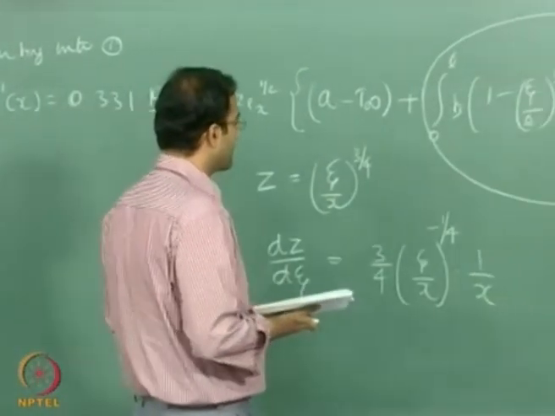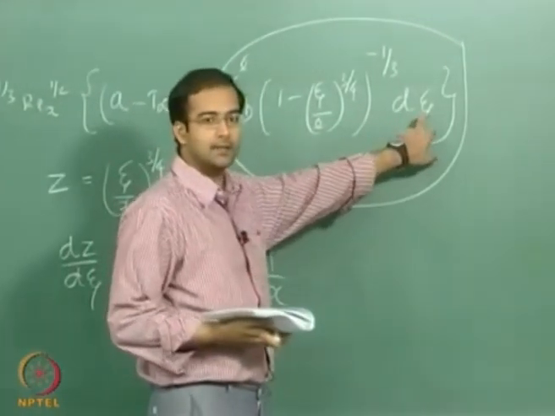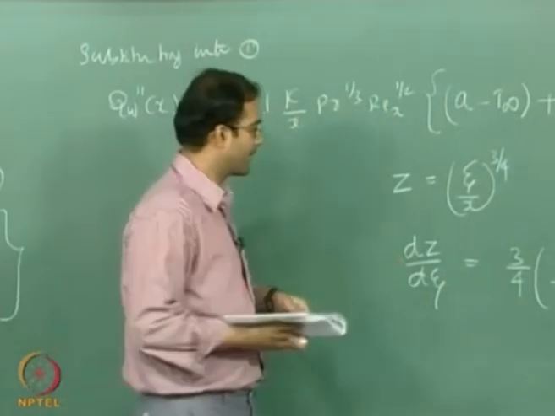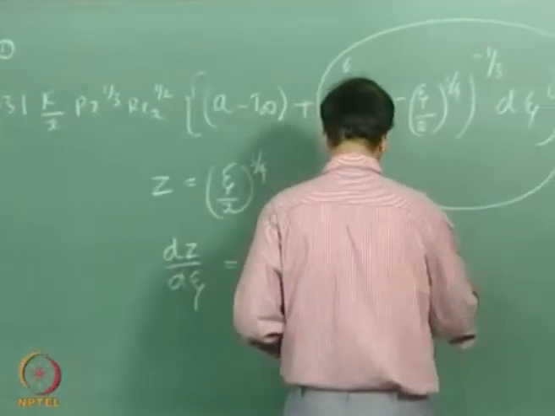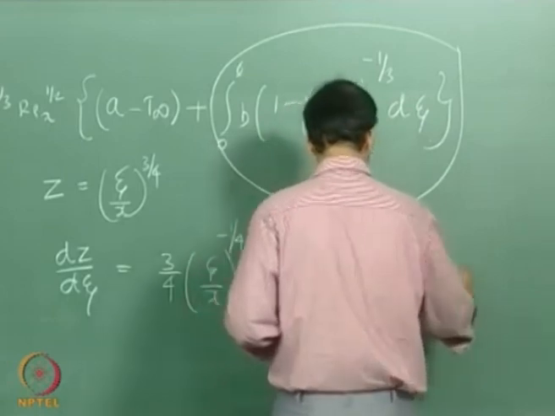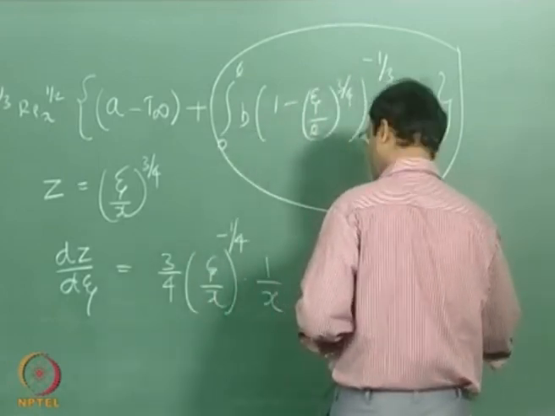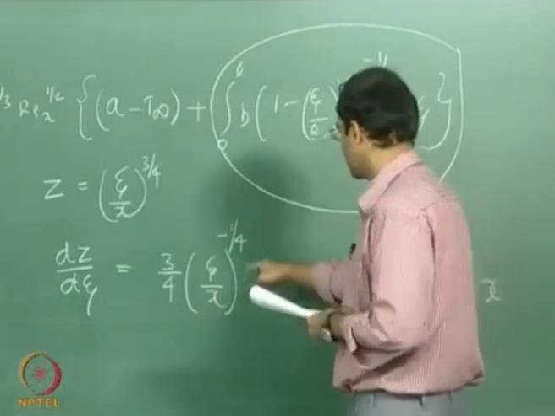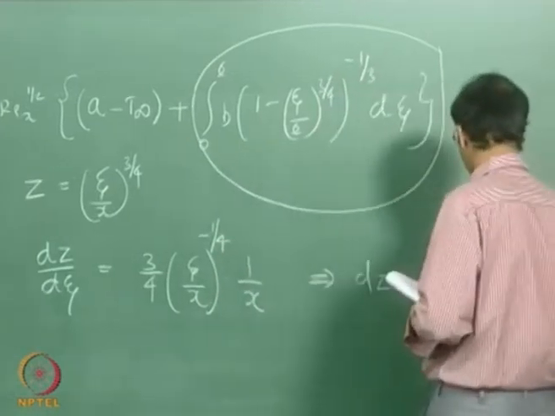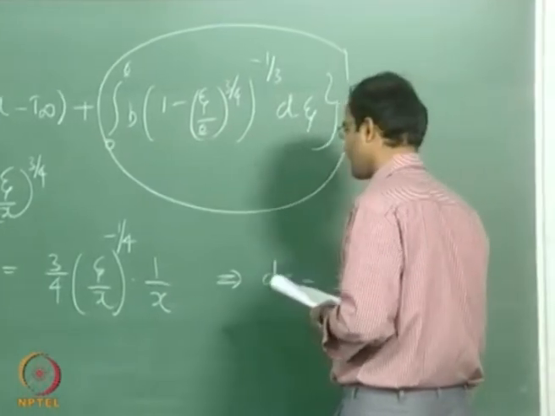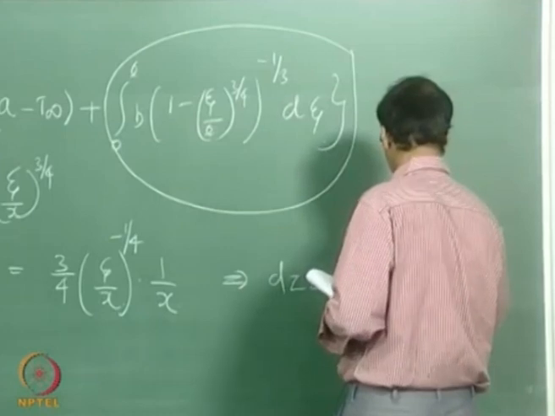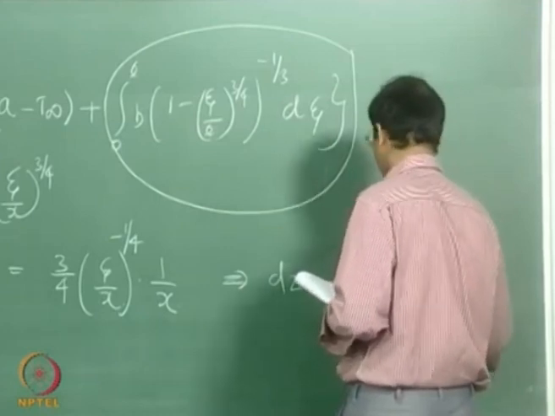Now I can substitute for d zeta in this integral in terms of dz. So my dz is equal to 3 by 4 into x to the power 1 by 4 minus 1, so this will be x to the power minus 3 by 4, into zeta to the power minus 1 by 4 into d zeta.